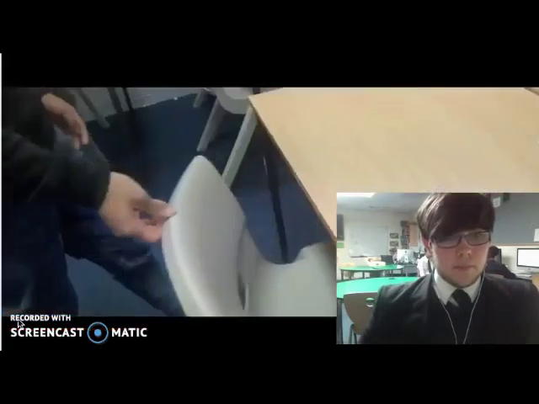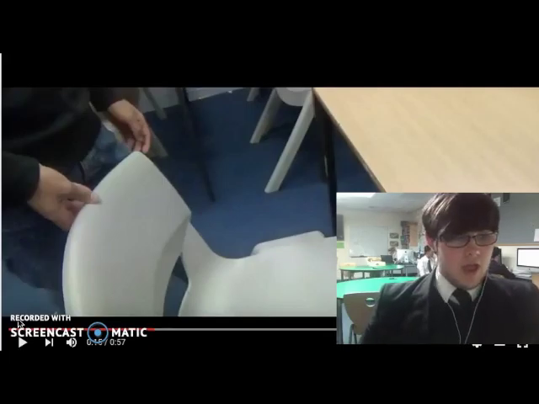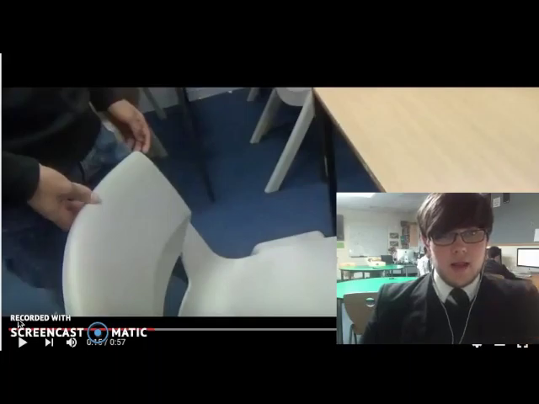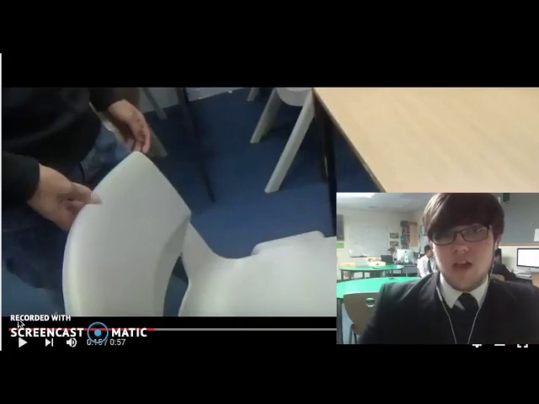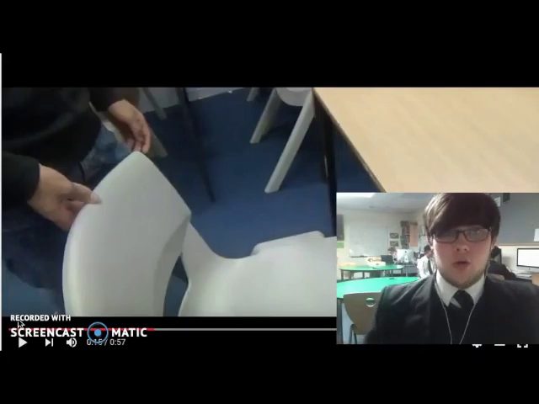And that's also a fault we had, was that the sound wasn't there between the two shots of where he was walking down the corridor and then him pulling the chair up. There was no sound between them. So what we need to do is make sure that the person who's doing sound knows what they're doing, so that it can follow continuity, follow editing, and make sure that it's synced up together.